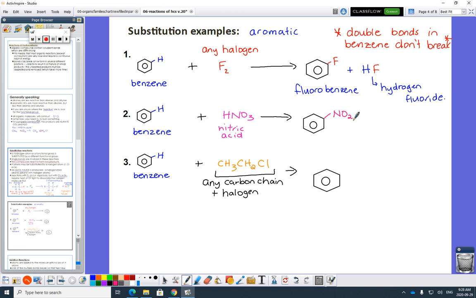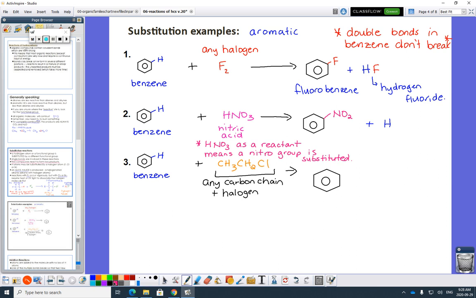So I will write that out. It won't be sulfuric acid, it won't be phosphoric acid, only nitric acid.